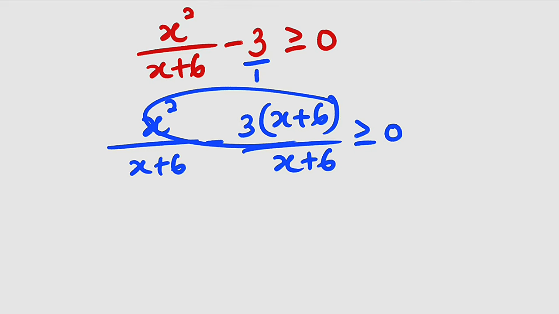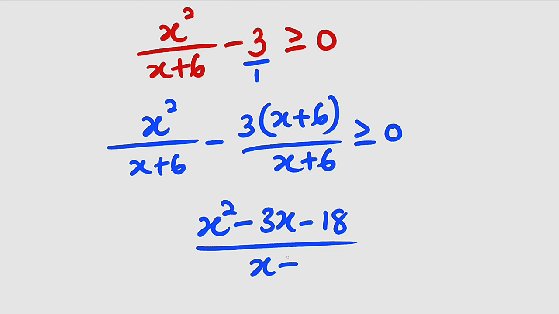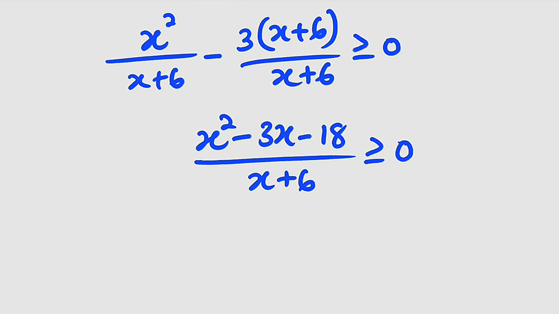Now we can combine the top and take a single bottom. This is x squared minus 3 times x is 3x minus, because the minus is going to affect the 2 terms inside the bracket, 3 times 6 is 18. This is divided by x plus 6 greater or equal to 0. This is a quadratic function which can be factorized.